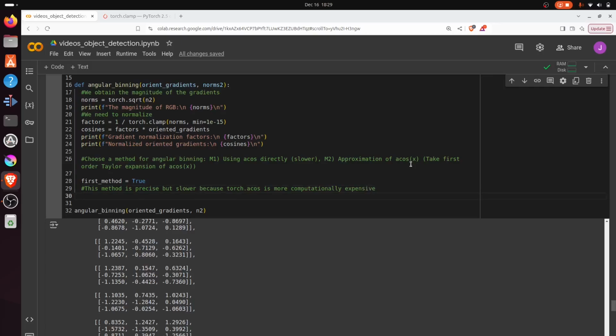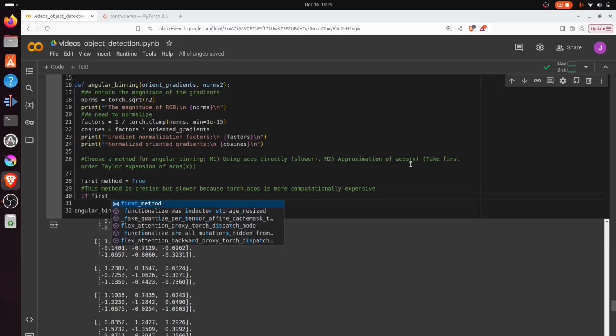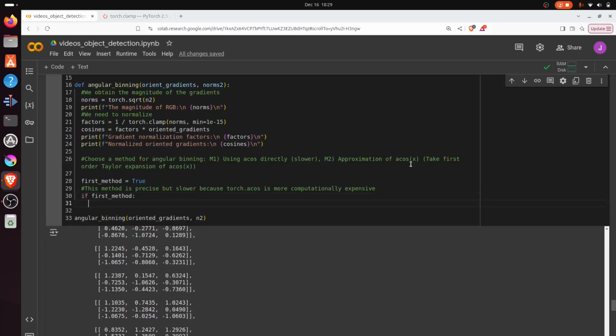Fantastic. So now let's get started. If the first method is true, we're going to apply the direct formula for the arc cosine. First of all, remember that before we extract the angle, we need to pre-process the data. We need to have all our data within -1 and 1, otherwise it's not going to work because the cosine values need to be between those values.